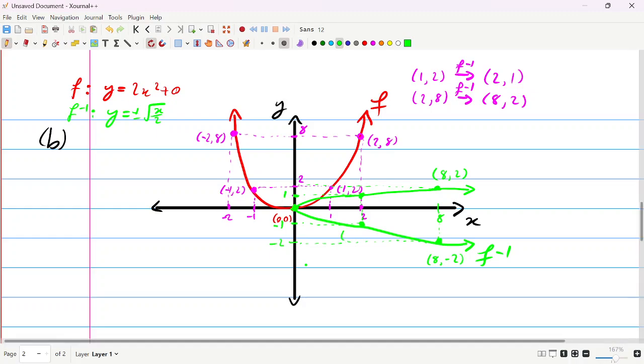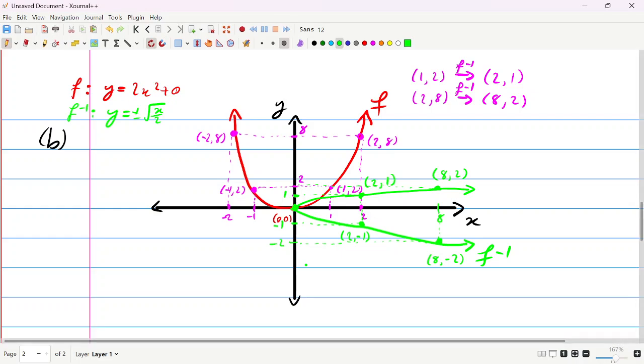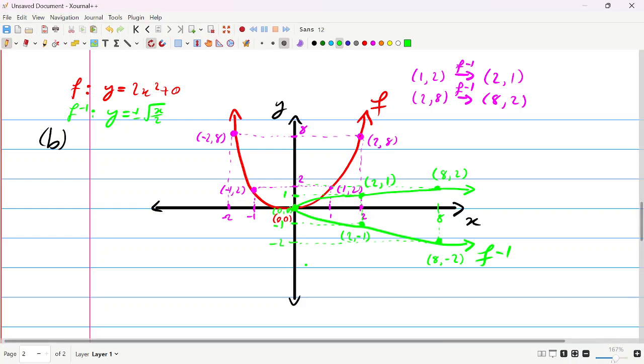This point is going to be 2 and negative 1. And this point here is just going to be 2 and 1. Okay. So there are our points, and obviously it's also at the origin, so we can also write 0, 0 if we want. But that's optional, since we already have 0, 0 here.